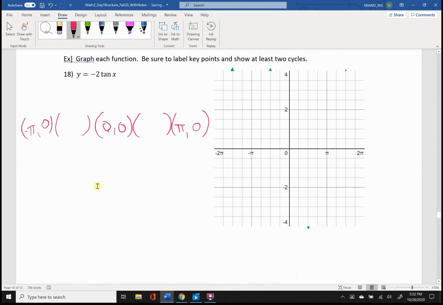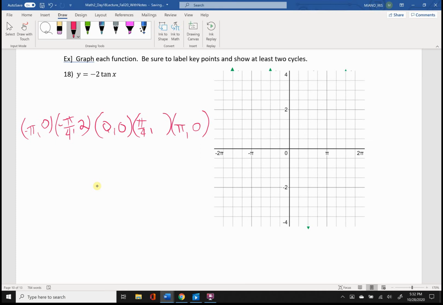Okay, all right. Let's go ahead and finish this up. So for these 2 intermediate points in between, we're at negative pi over 4 and positive pi over 4. And we'll go up to positive 2, right? Because we would normally be at -1 here, but we're going to multiply it by a -2 to get a positive 2.